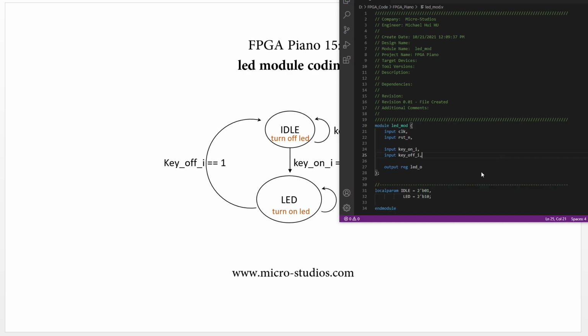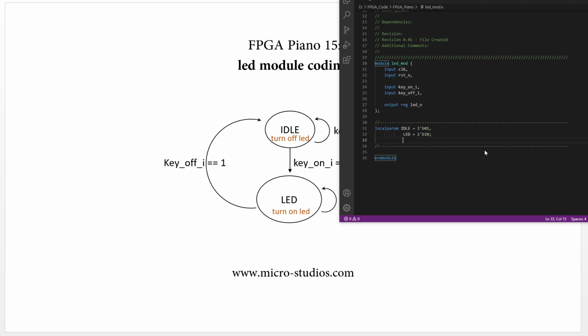So these are the two states. Since we have two states, we need to define one variable to remember the state. So we define one register, 2 bits wide, from 1 down to 0, and the name is state.